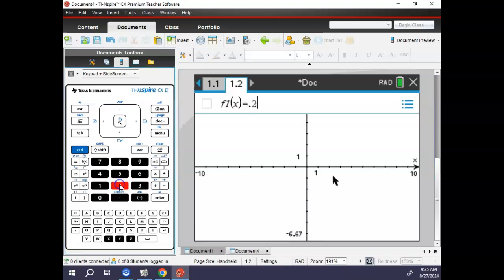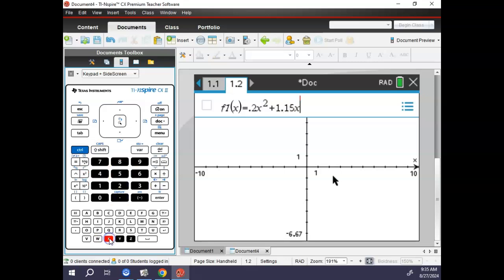The 0.2x squared plus 1.15x plus 5.4. And then double check that your numbers are right. And then we hit enter. Okay. And then this is one of those times where, great, I have a graph. I don't really care about the graph itself. I just needed the function to be stored in the calculator, and that's where you put it.